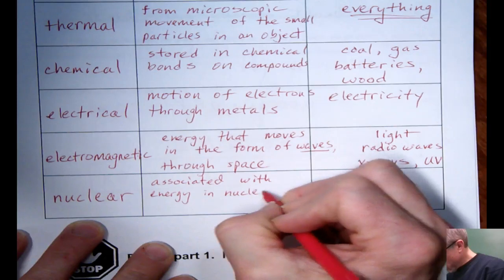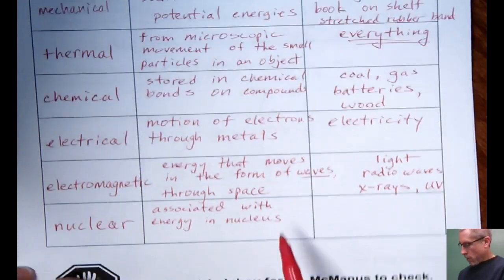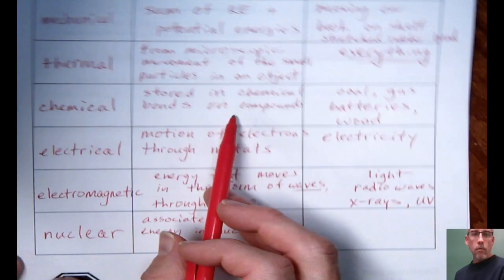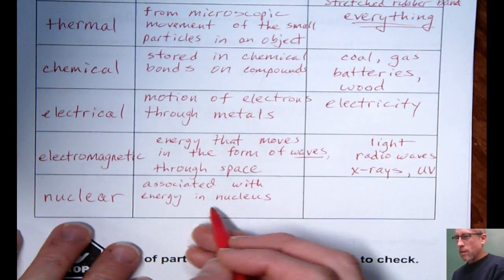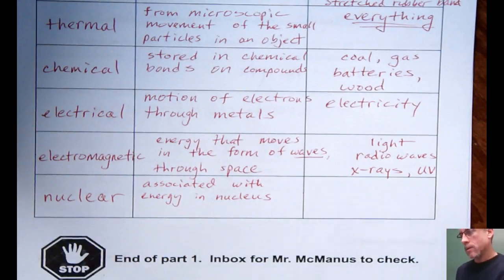So now we're talking about atoms again. I want to distinguish this from chemical energy. Chemical energy had nothing really to do with the nucleus. It was in the bonds, which are the electrons, kind of pulling one atom towards another, but it all has to do with the electrons. Now we're talking about something going on inside the nucleus.